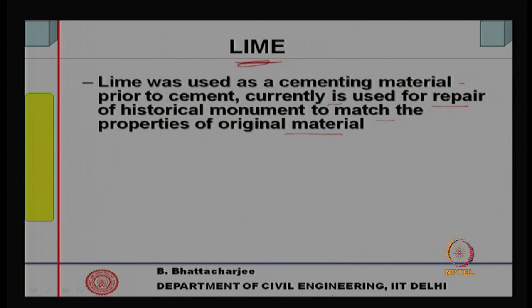So, lime has been in use as a construction material much before cement was invented. It is reported to have been used something like 7,000 years back, as reported by Professor Aaron Bentour in one of his articles around 2001. So, this has been used for 7,000 years.